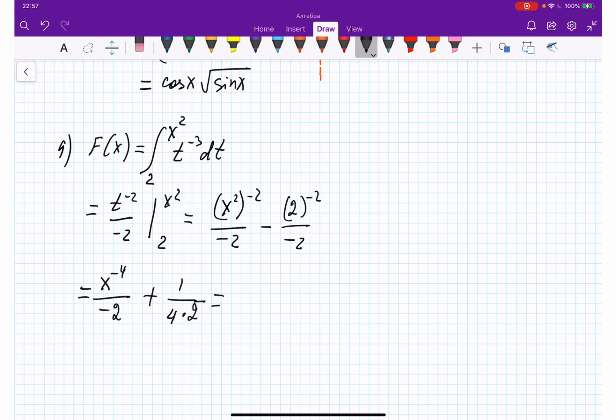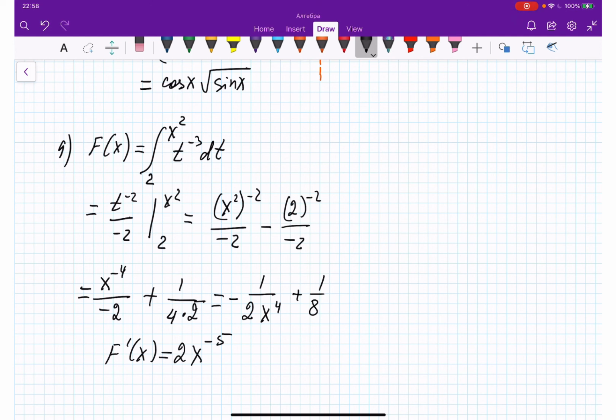And the answer will be 1 over x to the positive power 4. I put negative in front because we might as well write it this way: negative 1 over 2x to the power 4 plus 1 over 8. And the derivative f prime of x is equal to x to the power negative 5 if we take the derivative.